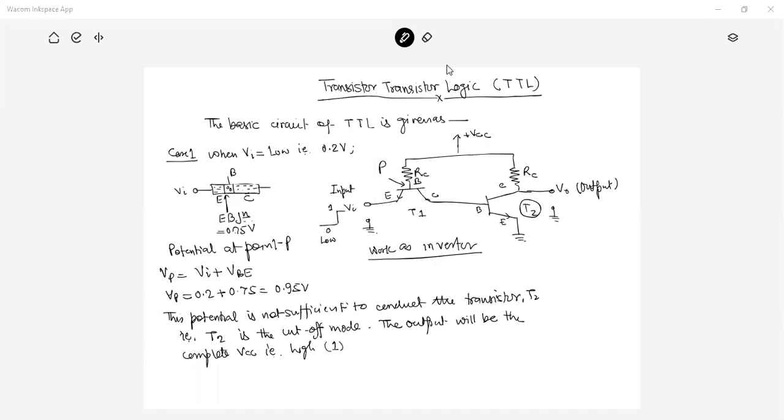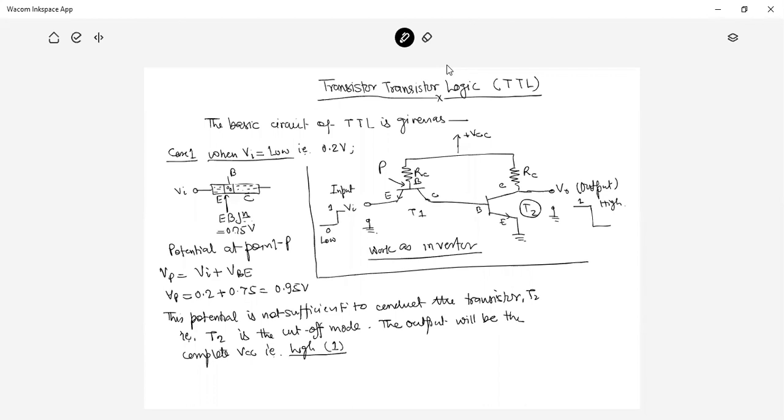So what we find is, when input is low, then the output is high. This is the high one. In this way, this is the circuit.